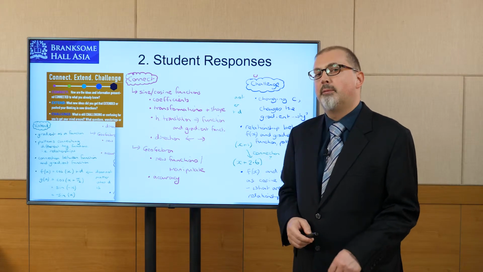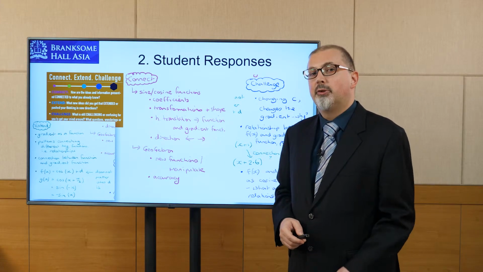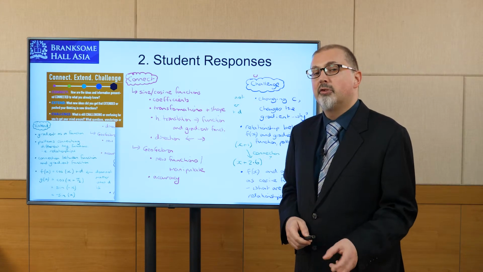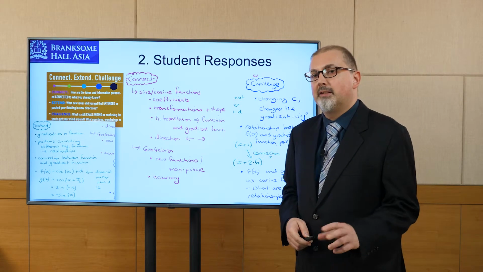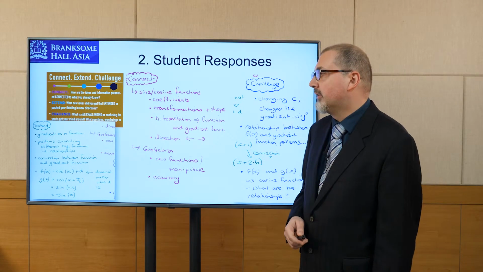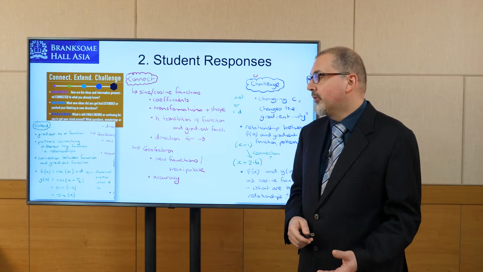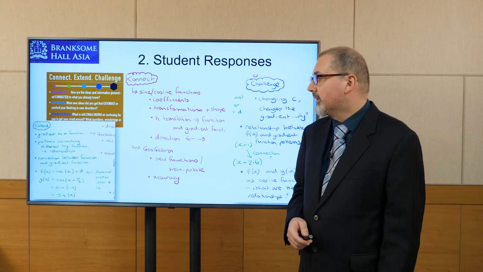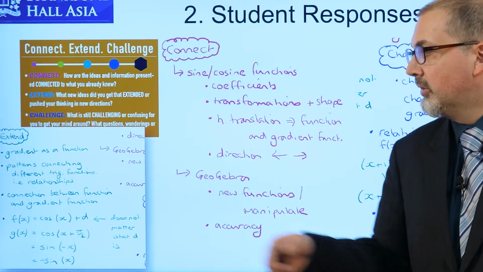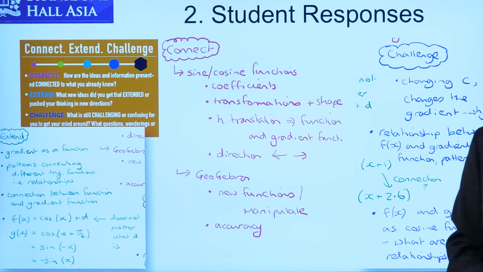They can talk about them in terms of transformations, or they can talk about them in terms of coefficients, or some of them can talk about them in terms of the family of functions, sine and cosine, names of the functions. So they were able to make these connections. Okay? Some of them also made specific connections, like why doesn't the d affect the gradient function?